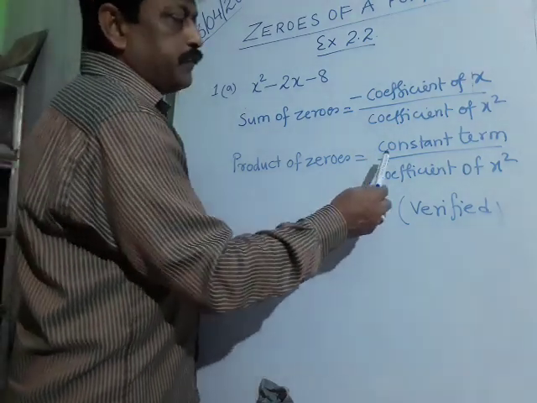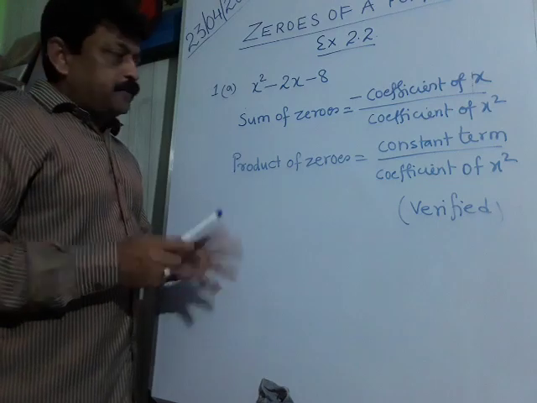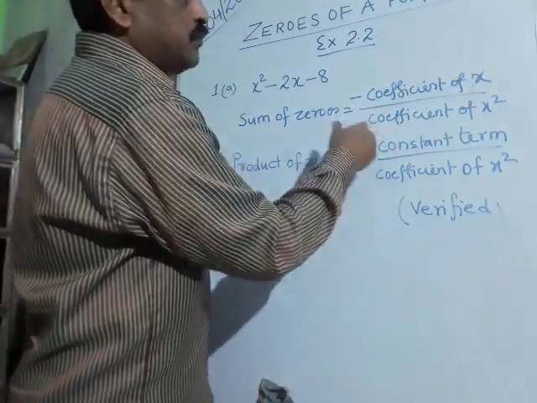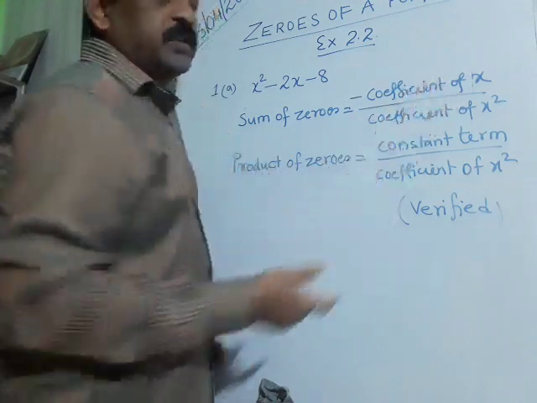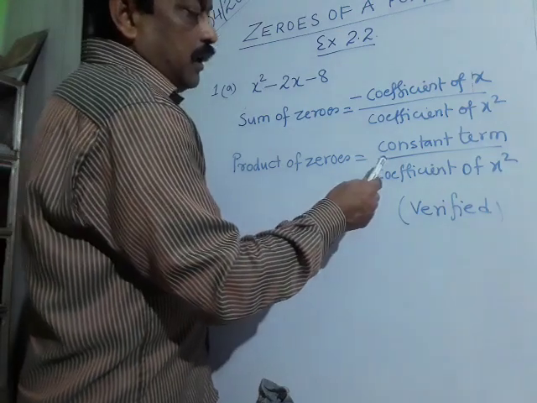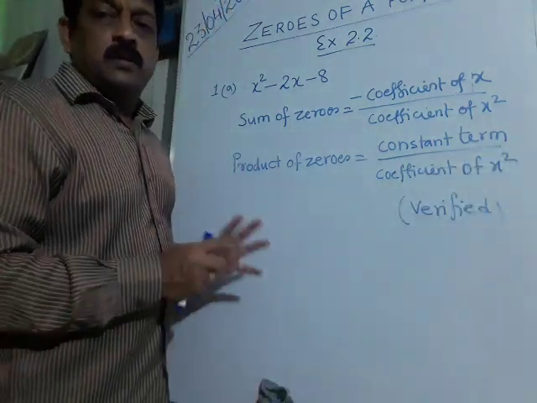Similarly, we have to find the value of constant term divided by coefficient of x square. So after doing this, we will find that the sum of the zeros and minus coefficient of x by coefficient of x square are the same. Similarly, the product of the zeros and constant term divided by coefficient of x square are also the same.